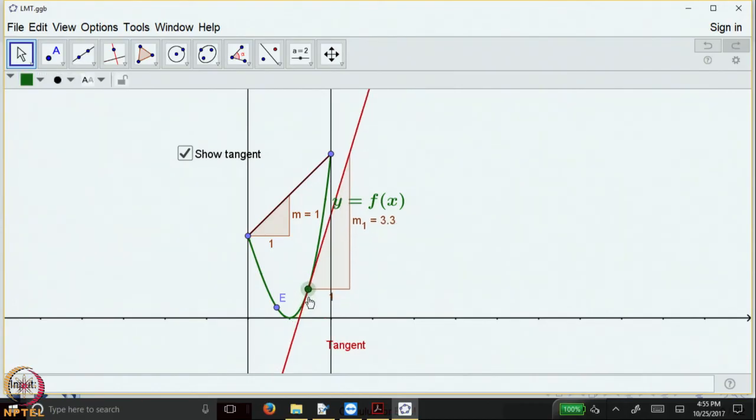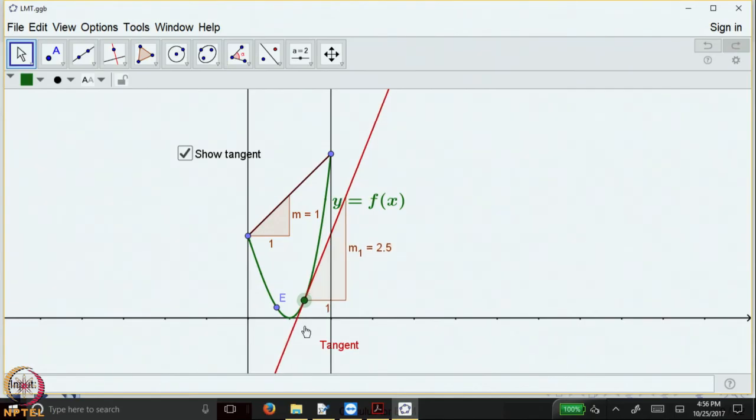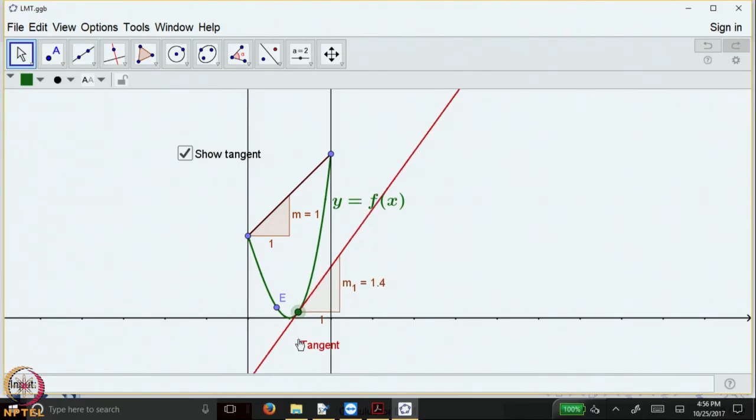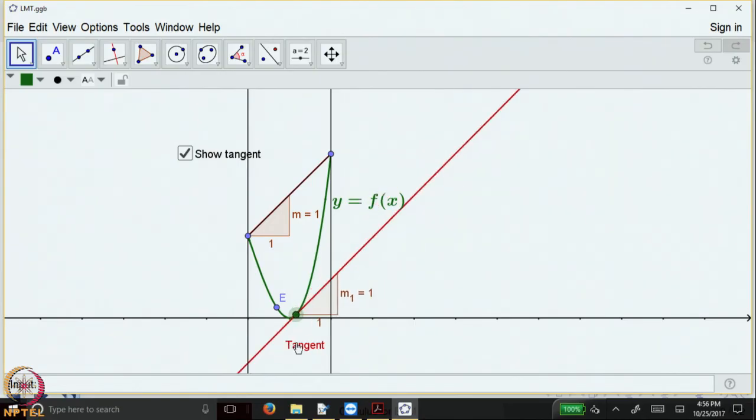If I move the point up, the slope is increasing because it is sloping more and more. If I go down, the slope is decreasing: 2.6, 2.5, 2.4, 1.7, 1.4, 1. So now I have got the tangent parallel to the chord.